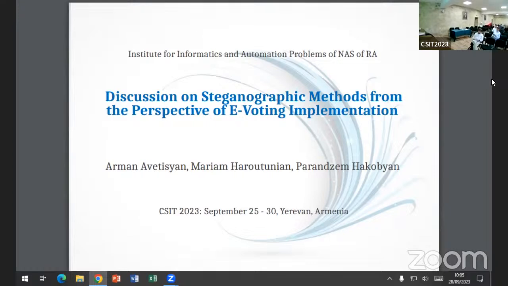But before this discussion, I want to begin a little bit wider, because we speak about steganography methods for e-voting, and this research is conducted within the project on implementation of an e-voting system. In our previous research, this project has been going on for already 2 years.